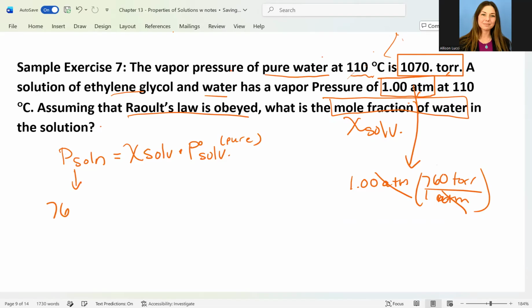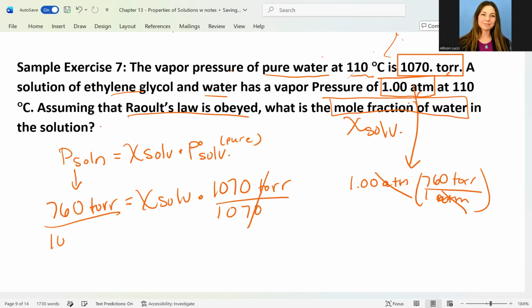So I have 760 torr is going to be equal to the mole fraction of my solvent times the 1070 torr. So if I rearrange this equation, divide both sides by 1070, I can then see that my mole fraction for my solvent, my water, my H2O, is going to be just 760 divided by 1070, or that is going to be about 0.71.